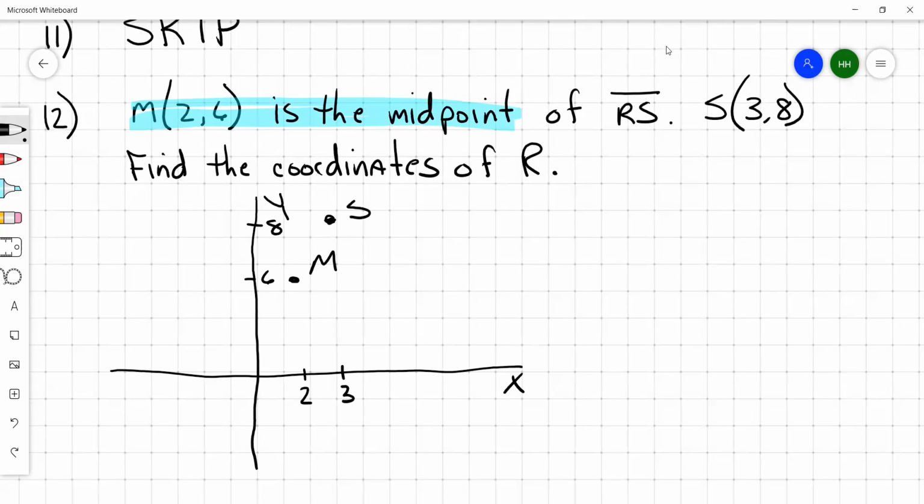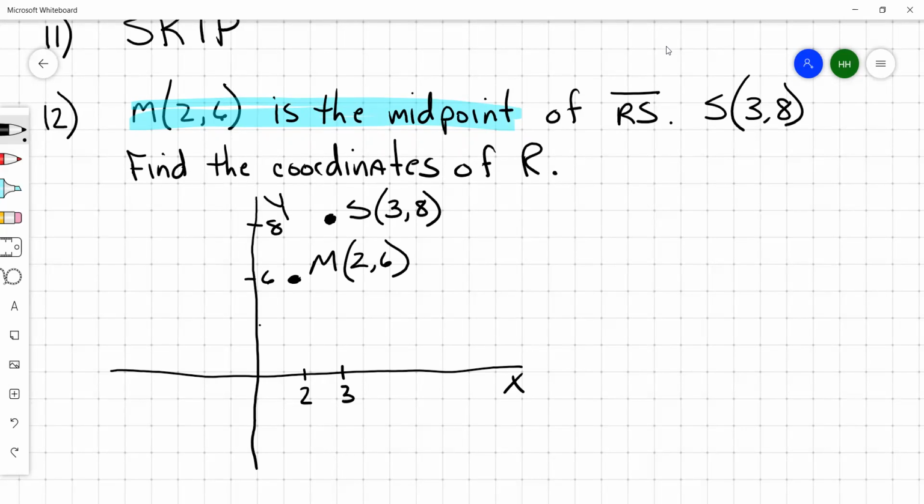Here's S. 3, 8. M is at 2, 6. M was the midpoint of RS. So if S is right here and M is in the middle, wouldn't R be down here somewhere where the cursor is? Do y'all agree with that? We're looking for a point down here somewhere.